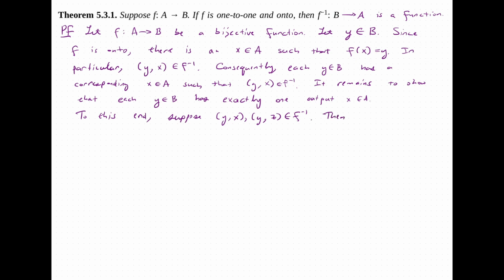Then by definition, we have that x comma y and z comma y are both in f. In particular, we have that f of x, which is equal to y, is also equal to f of z.